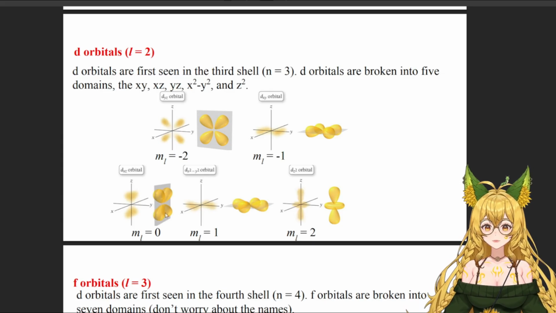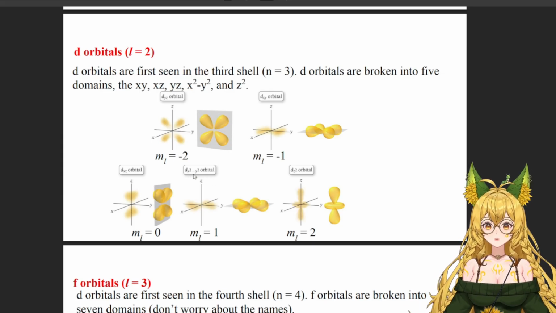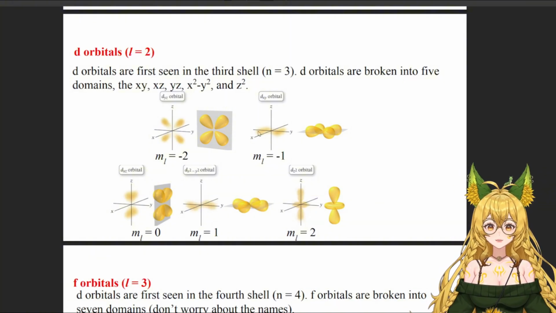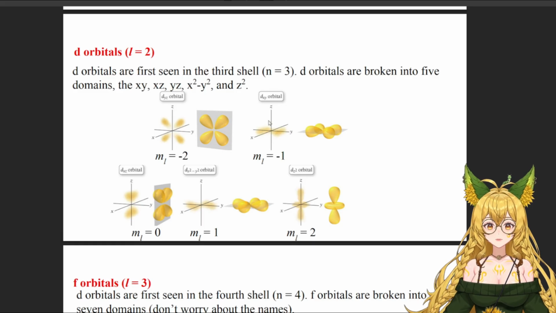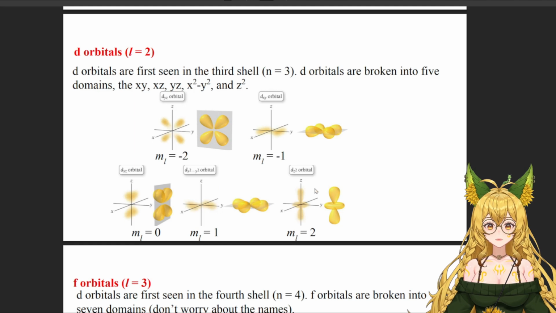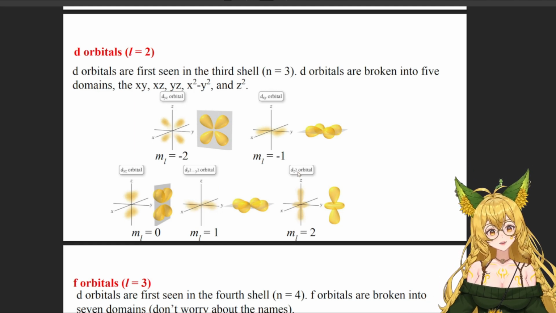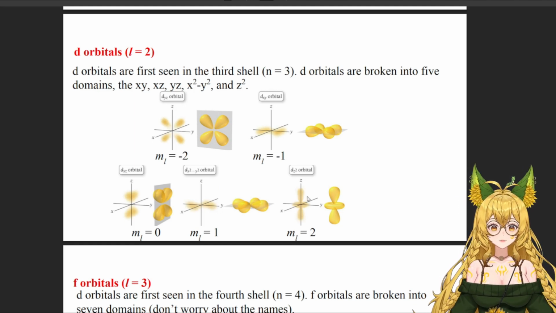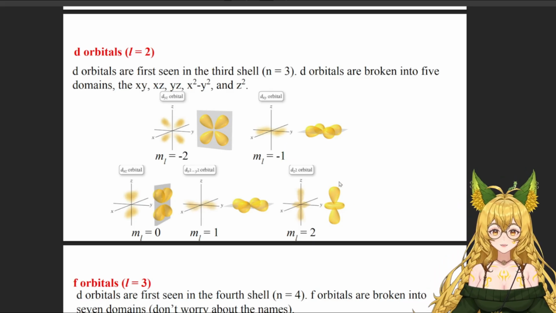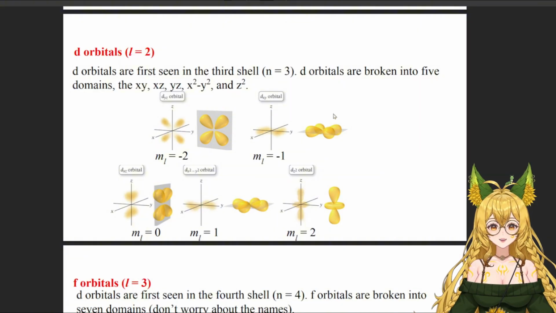Then dx squared minus y squared is also going to be on here, except instead of being perfectly diagonal, it is going to be perfectly on the line instead. So that is the difference between these two. And then we have this really weird dz squared orbital, which is going to have a donut ring in the center of it. It's hard to imagine, but try your best.